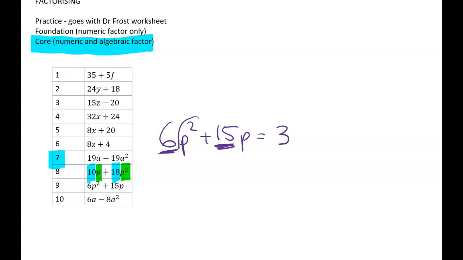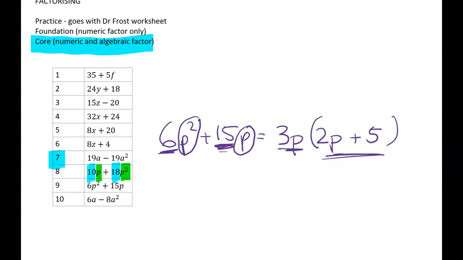Next, I look at the p squared and the p. The highest common factor here is simply p. So we're ready to start working out what's in here in the brackets. So it's going to be 3p times 2p plus 3p here times 5. That's my final answer there.